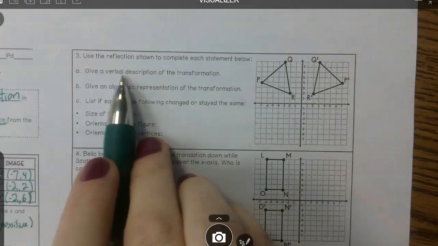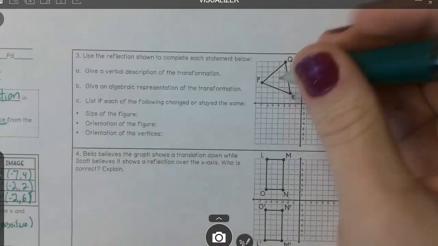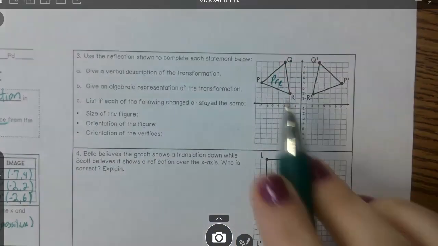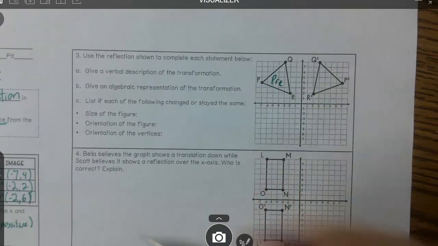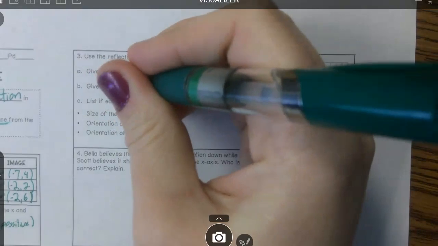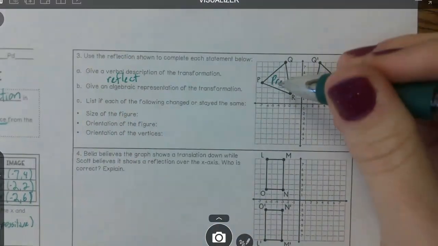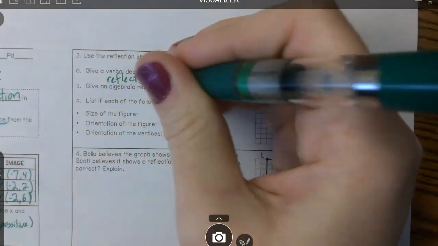Give a verbal description of the transformation. If we start right here, this is the image, or the pre-image, and it went here. So what happened? Well, that was a reflection. And when we talk about reflections, we have to say what the mirror line was. This was a reflection over the y-axis.